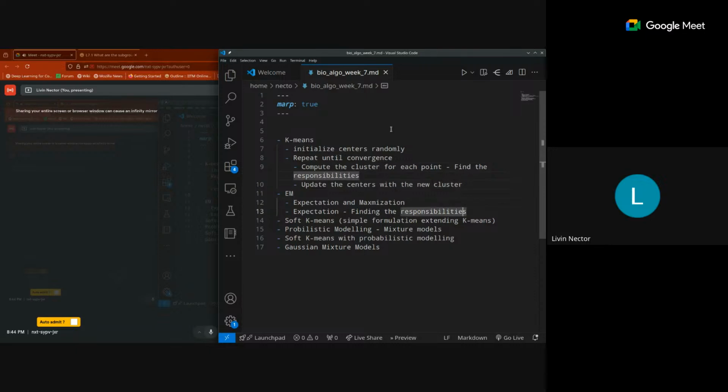Then maximization is the next step. Maximization is finding the parameters, given the responsibilities we found. So we will be maximizing the log likelihood, speaking from the probabilistic model itself.